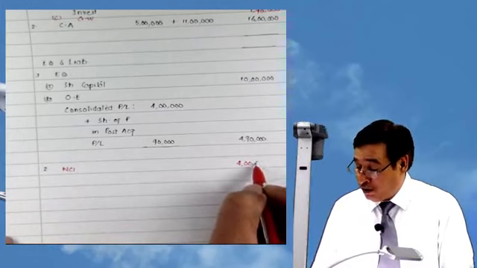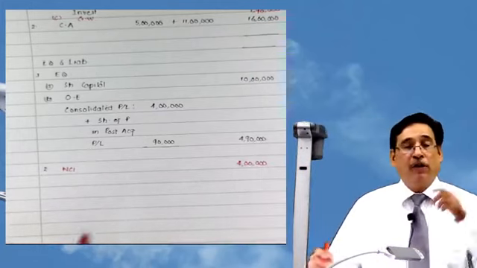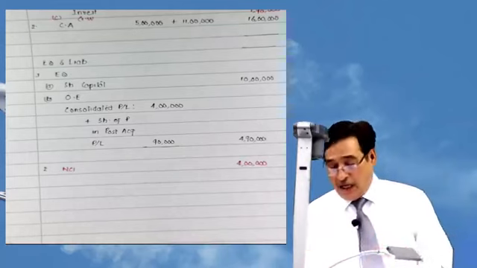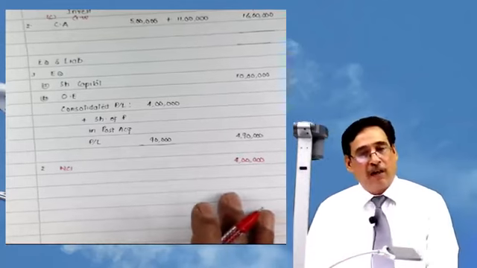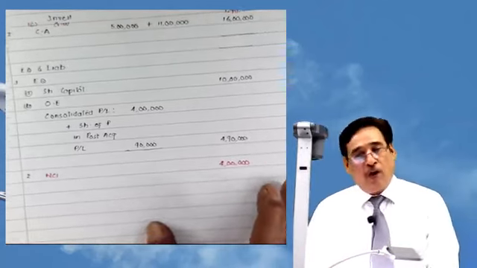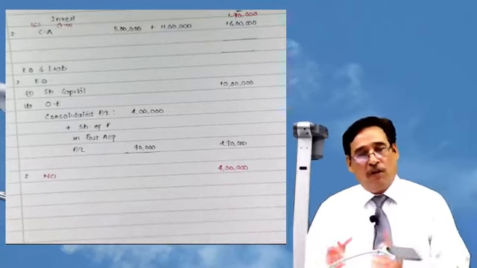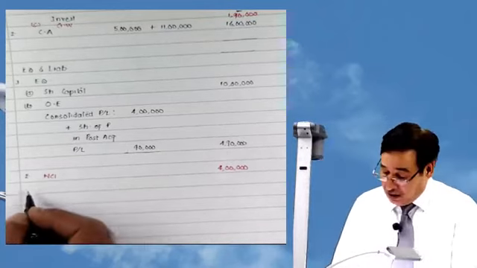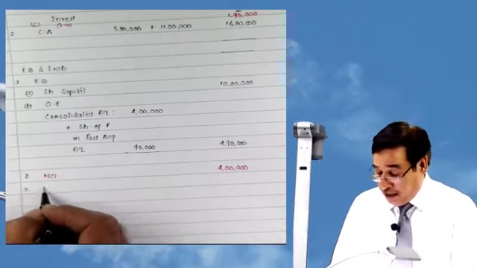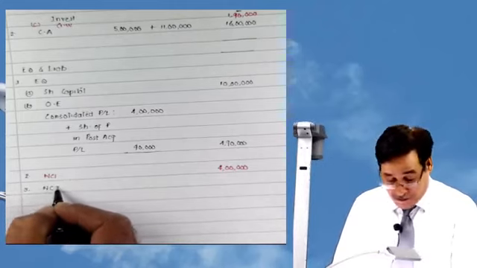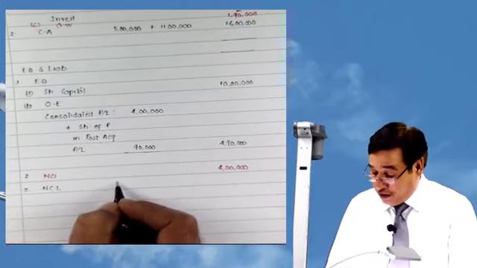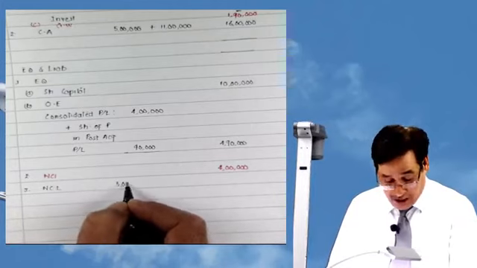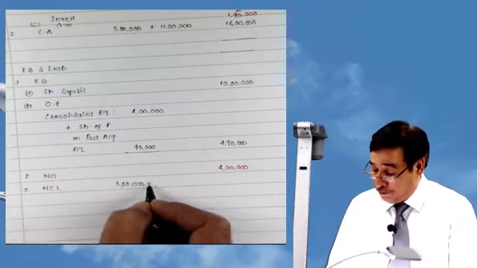If you remember in example 1, when the control was acquired in the beginning, even in that case non-controlling interest was 4 lakh. Non-controlling interest will not change due to changes in what we call date of control. Remember one thing. Now there is another item, non-current liability. Non-current liability, 5 lakh is of parent and 4 lakhs of subsidiary.